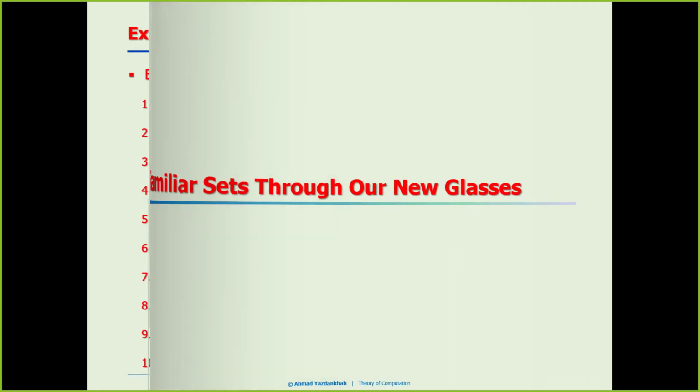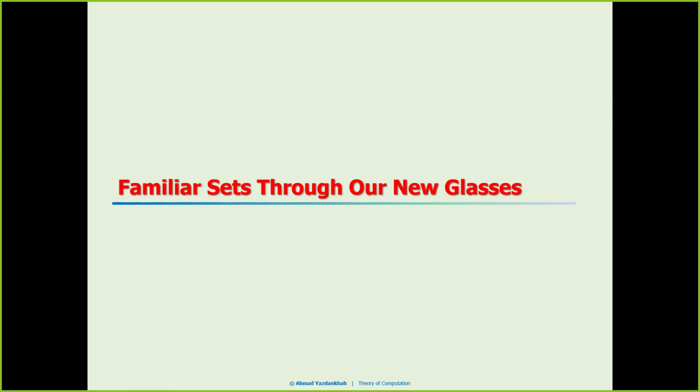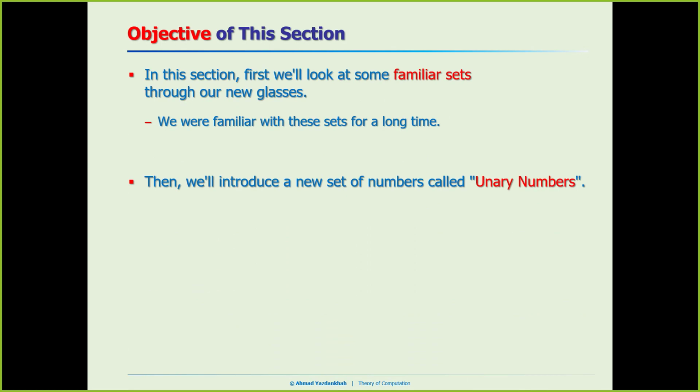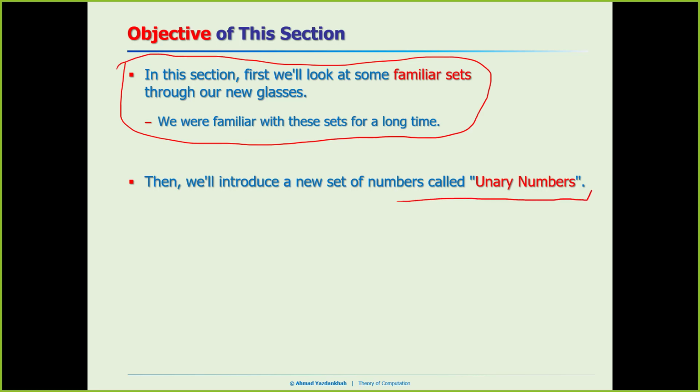Okay, so now we have a very interesting topic here. We have some familiar sets and we want to look at them through our new glasses. Now we have some knowledge about formal languages. The objective of this section is, first, I will show you some familiar sets and then I will introduce a very interesting set of numbers that we call unary numbers.